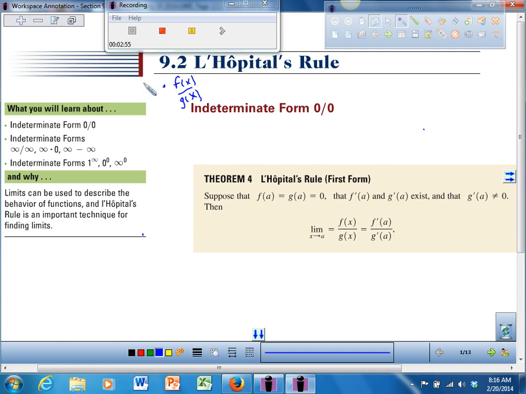The second thing we need to remember is to apply L'Hopital's rule, we need to get one of our indeterminate forms.